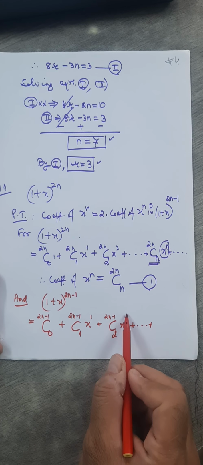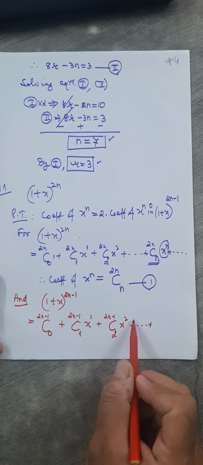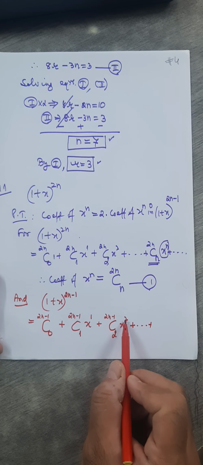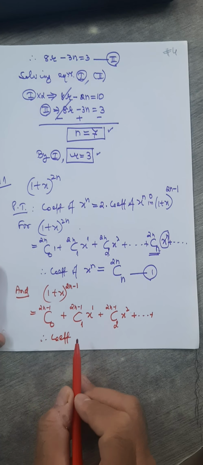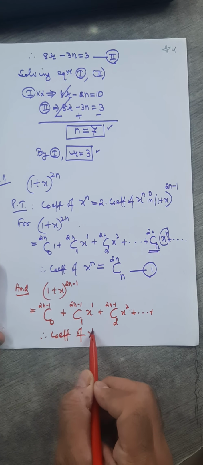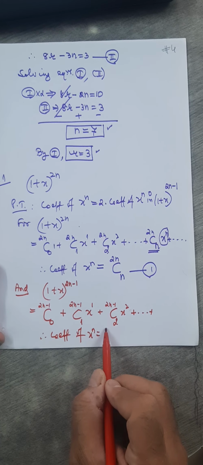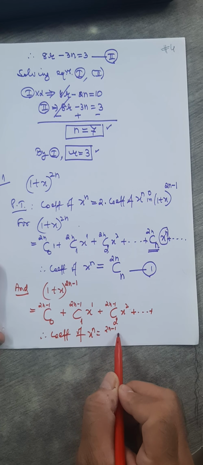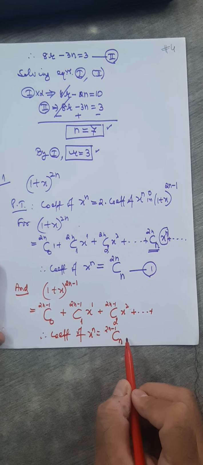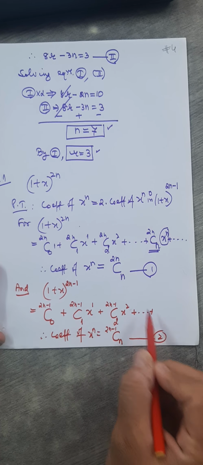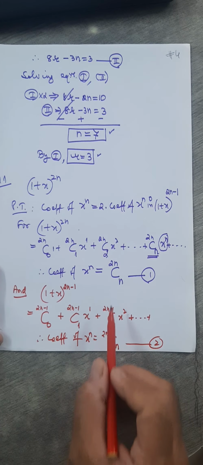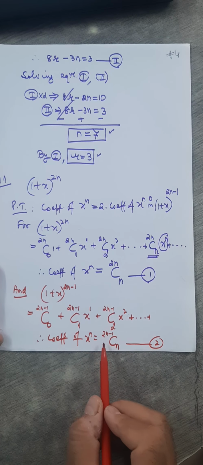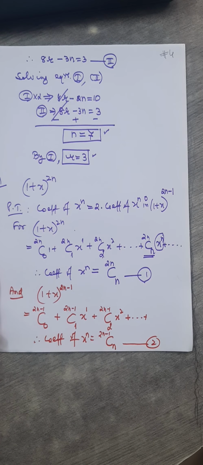You want the coefficient of x raised to n, remember. So the coefficient of x raised to n would be 2n minus 1 cn. Now you need to show that this is the same as this. You want to show that this is equal to twice this. That's what you need to prove.